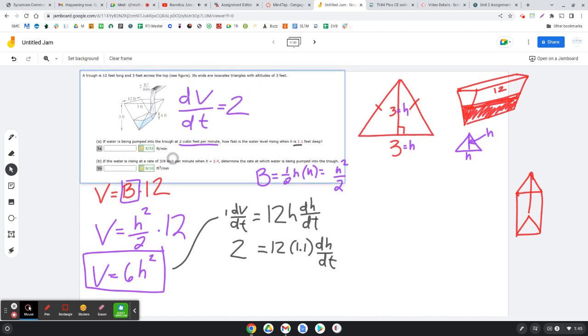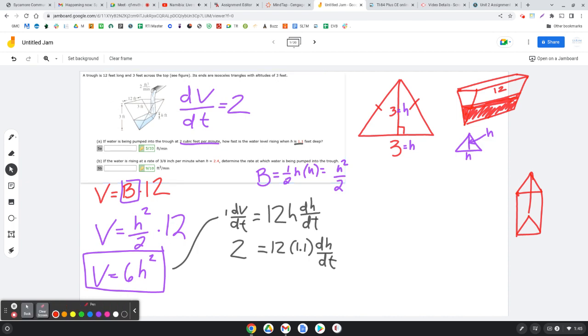And then for part B, now they're giving you dh/dt. The water is rising at 3/8 per minute. You know what the giveaway is? It's inches per minute now and not cubic inches per minute.